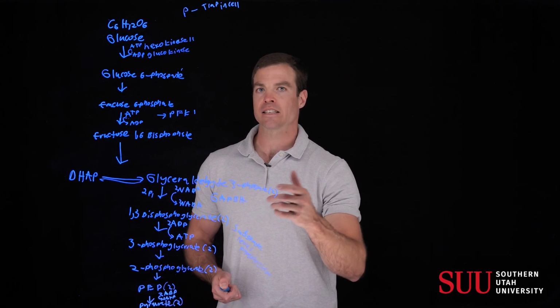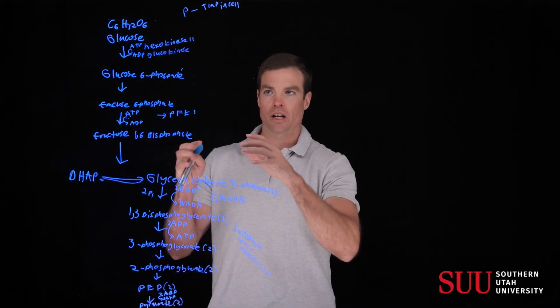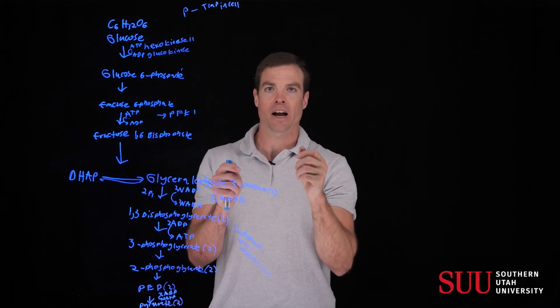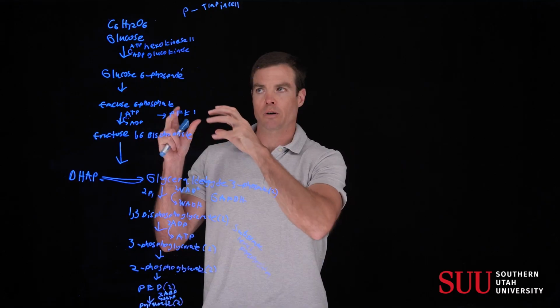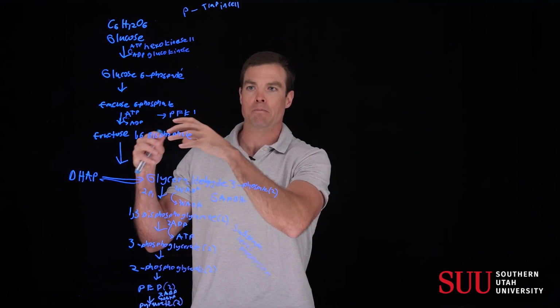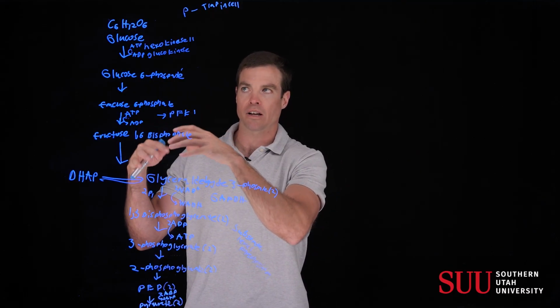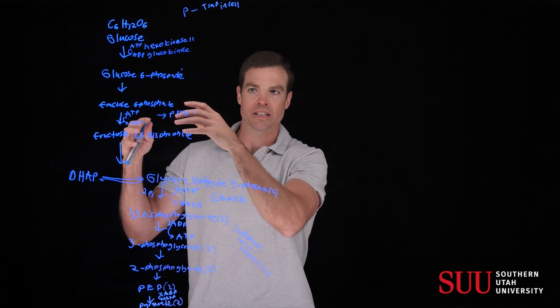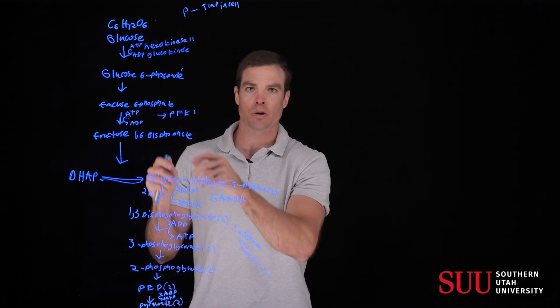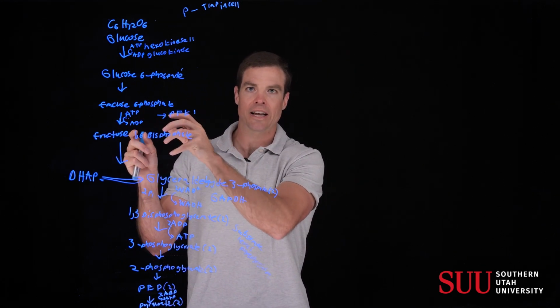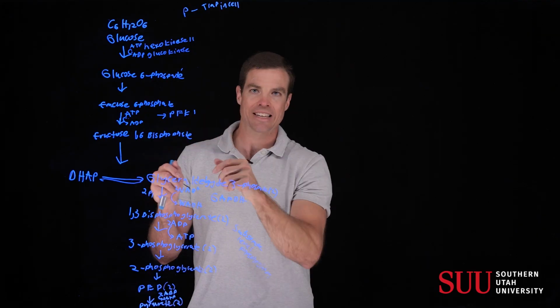Just like creatine phosphate is a very high energy molecule, because creatine phosphate is higher in free energy than ATP is, so creatine phosphate can donate that phosphate group to ADP to make ATP.